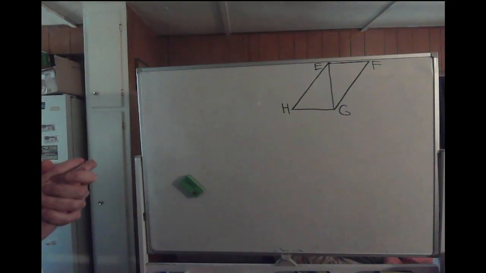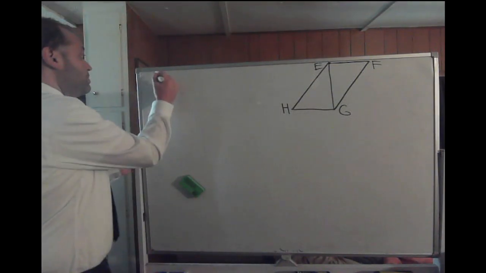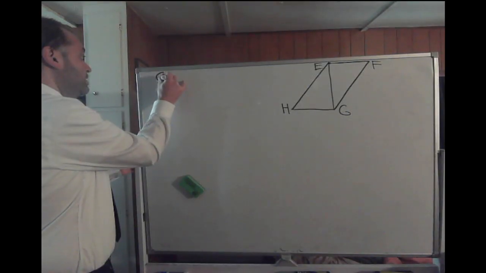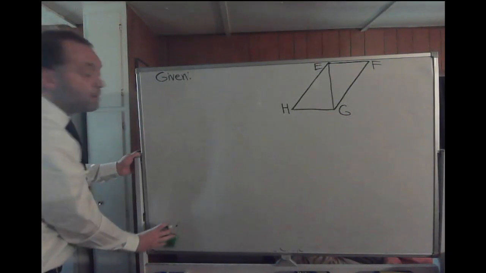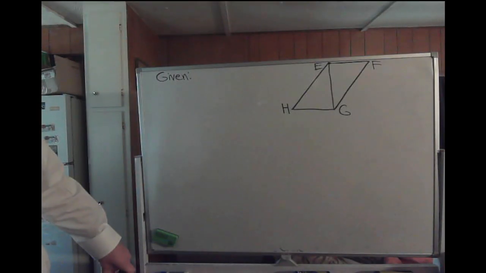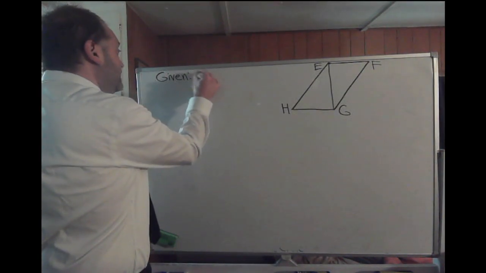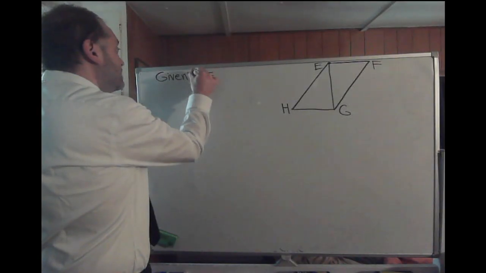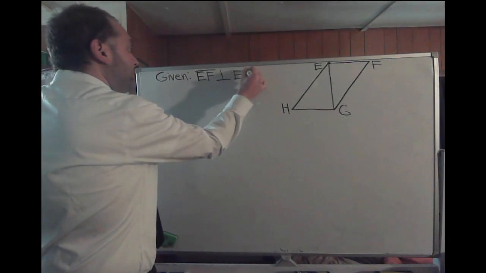So once again, we have our two triangles side by side which appear to form a parallelogram. So let's see what we're given here this time. We are given that EF is perpendicular to EG.